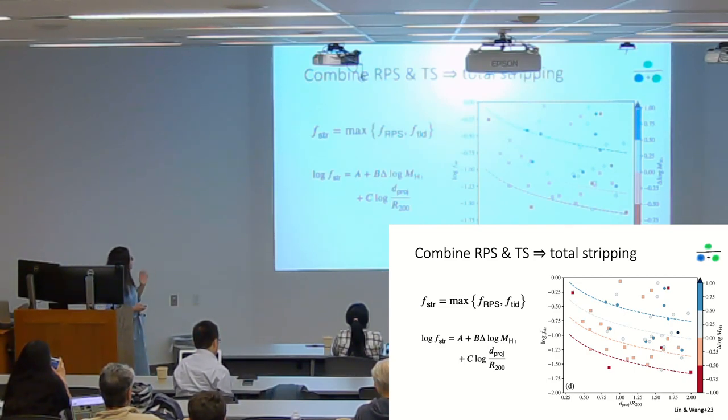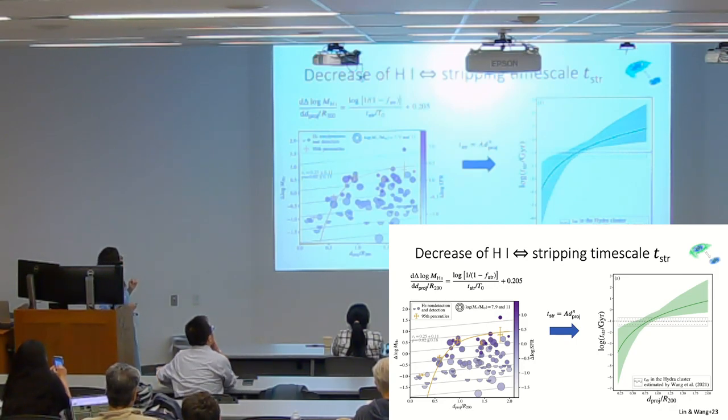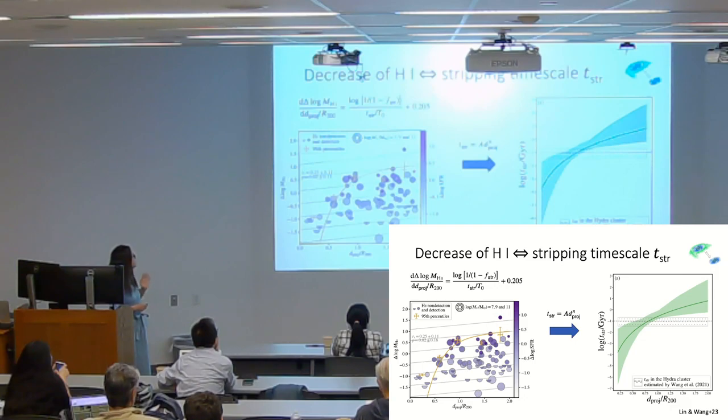With this quantification, we are able to derive the stripping timescale for the strippable gas. We incorporate this timescale by using the differential gas decrease while galaxies inflow into the cluster with this equation here.